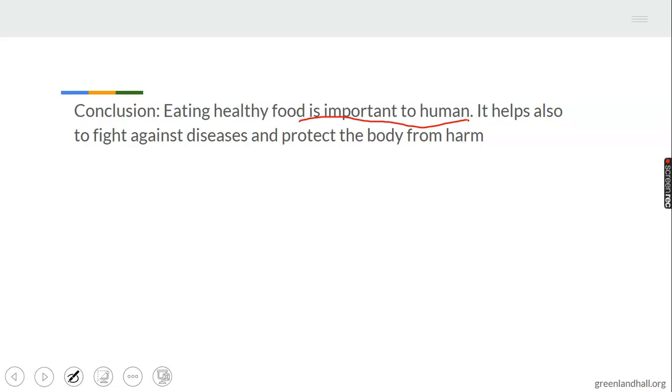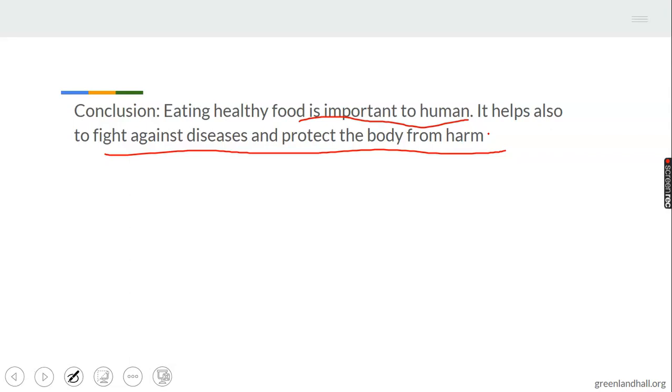Why? It helps us to fight against diseases and protect the body from harm. Harm that could be tackled. Diseases that come into the body. Sometimes if you have a very good immune system and you're taking in a lot of good stuff, food that can help, they replace worn out tissues and they also fight diseases in the body. So these can come in handy for us to protect ourselves.